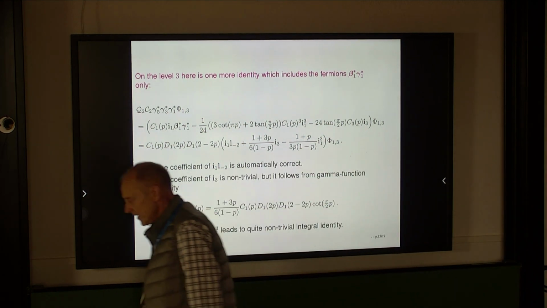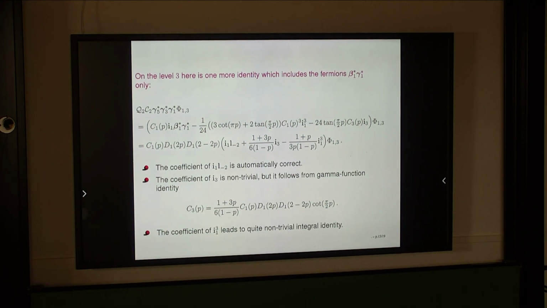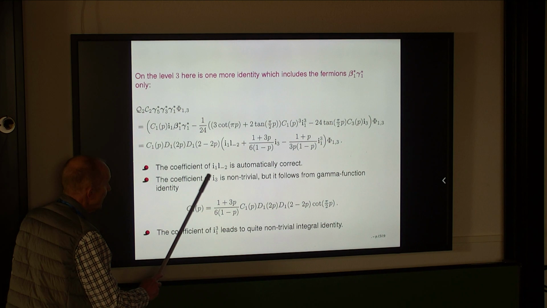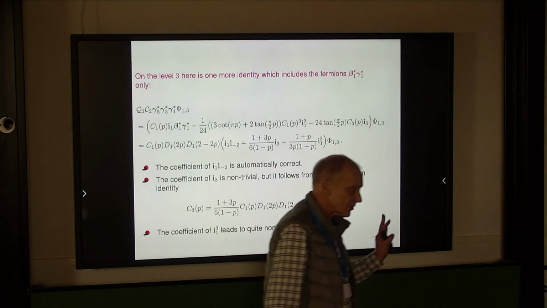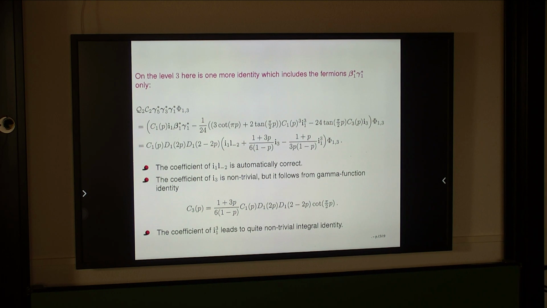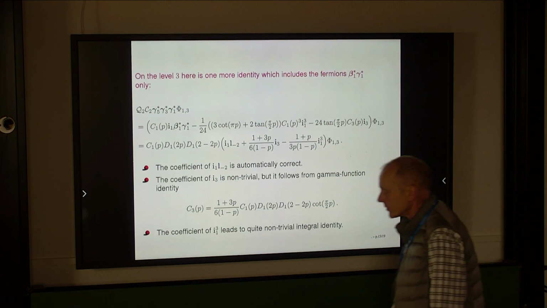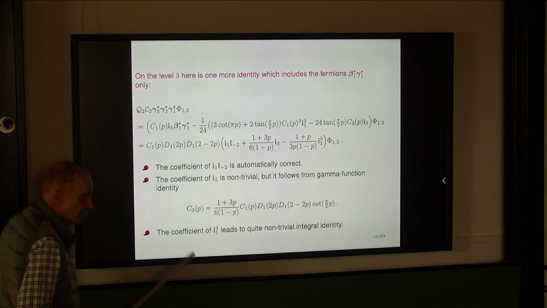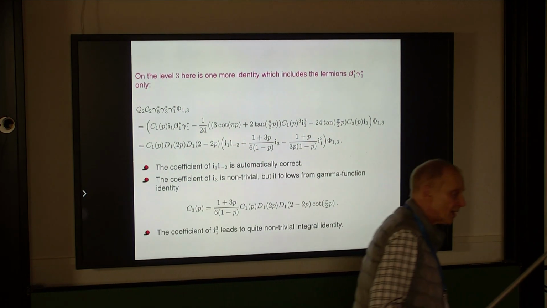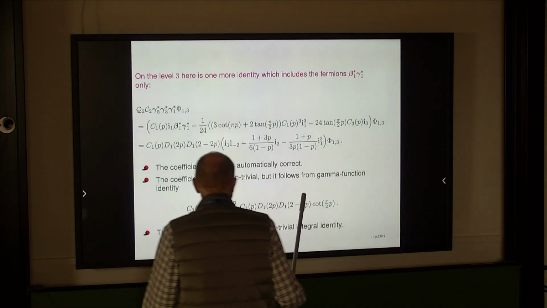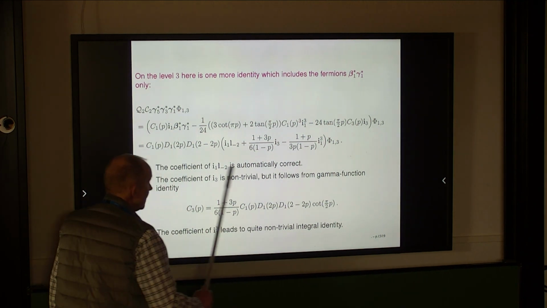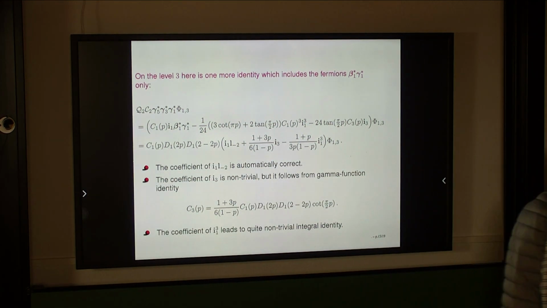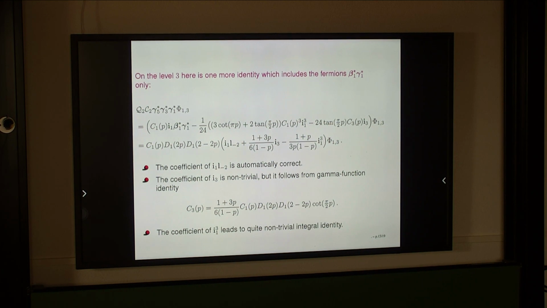This is already interesting, because the main coefficient, this I1 L minus 2, is automatically correct, I just choose this by normalization. The first non-trivial identity here is that C3, the Lukyanov-Zamolodchikov constant number 3, is like that, according to this relation. This is true, with gamma functions, so you check that this is true.